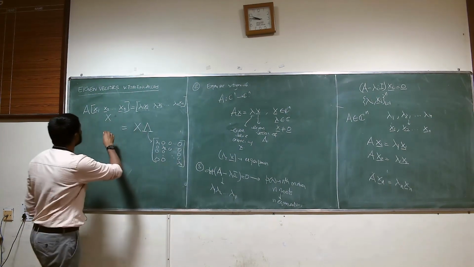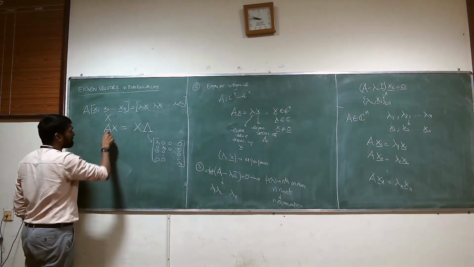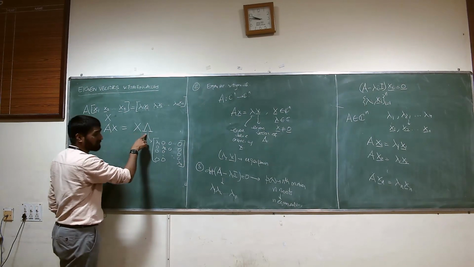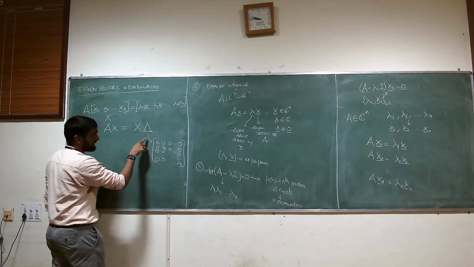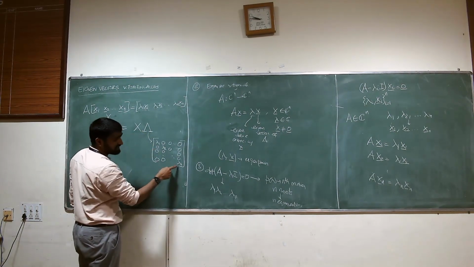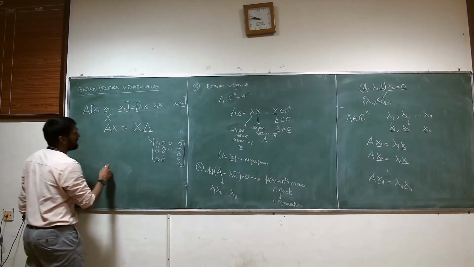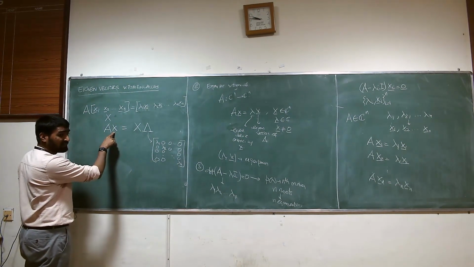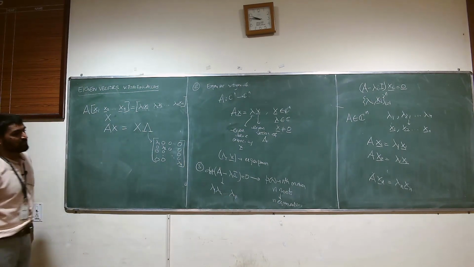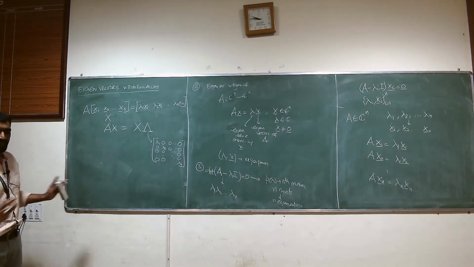It turns out if you take A and multiply it by X, you get X multiplied by a diagonal matrix, and this is a diagonal matrix formed by the n eigenvalues. Is X invertible? For now we don't know.